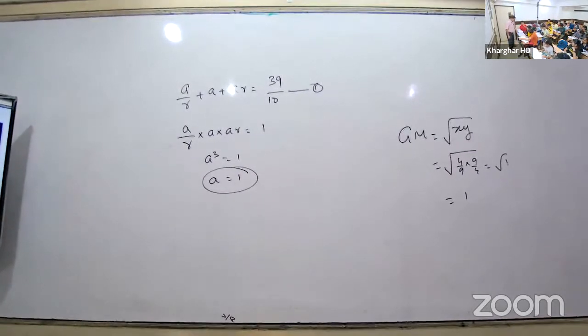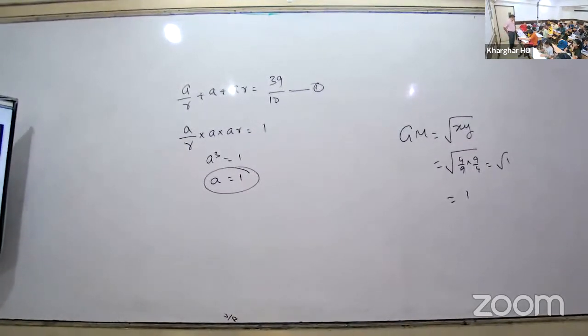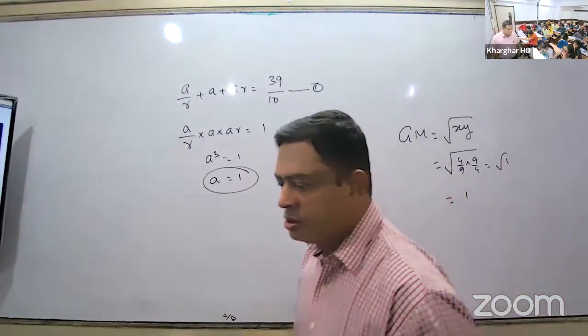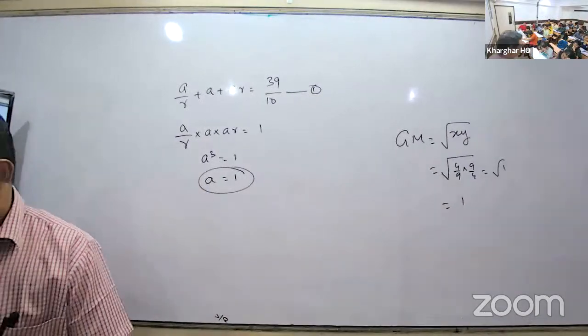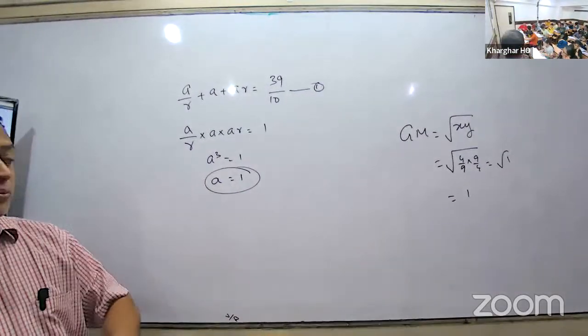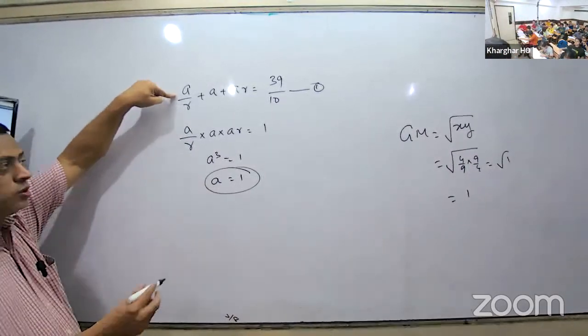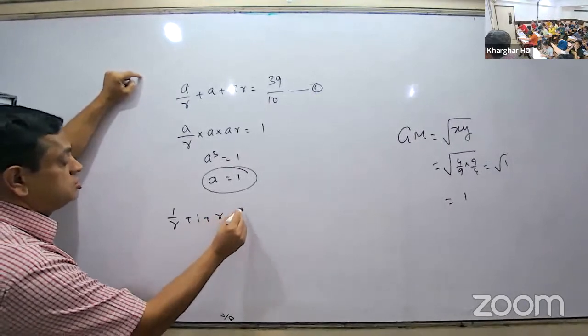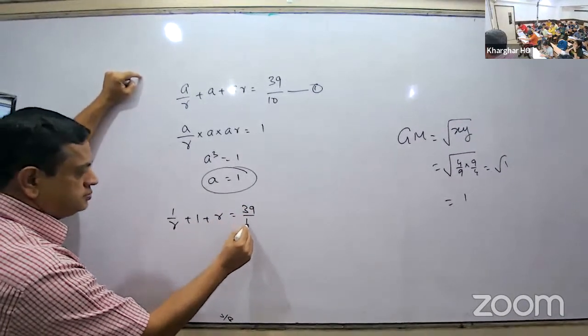Okay, who got the value of R? Yes, two values of R you got? Yes, 5 by 2 and 2 by 5. How many of you did not get it? Should I do it? Replace A is equal to 1. So you get 1 by R plus 1 plus R equal to 39 by 10.